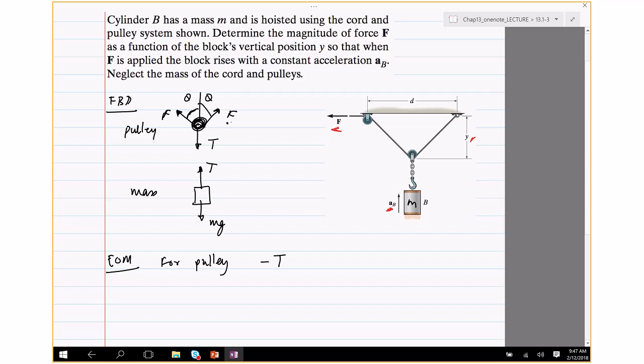There's F acting upwards, so F cosine theta is the force acting in the upward direction. But there are two forces, so there'll be 2F cosine theta, with a positive sign because it acts in the upward direction. The net force would be mass times acceleration if the pulley had a mass, but since the pulley has no mass, it is 0. This will be true.